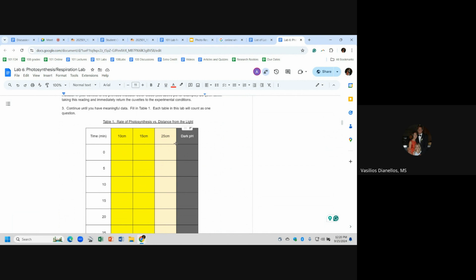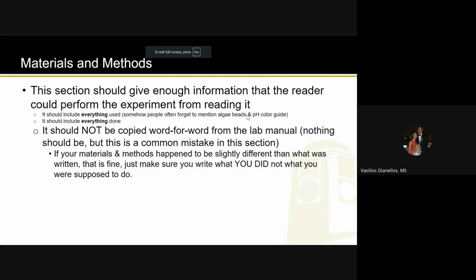So if you change it, maybe you have 1 at 10 centimeters, 1 at 25 centimeters, and 1 at 50 centimeters, right? I don't know. Do what you will, but just make sure that your lab report reflects what you actually did, not what the lab worksheet told you to do. Because again, these are our experiments. We can change them if we want, as long as we account for that in our documentation.